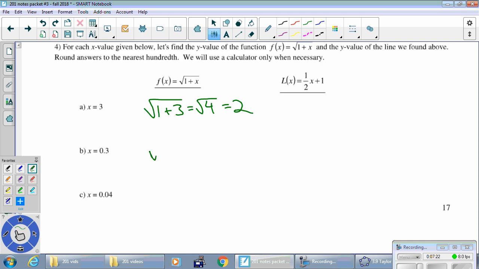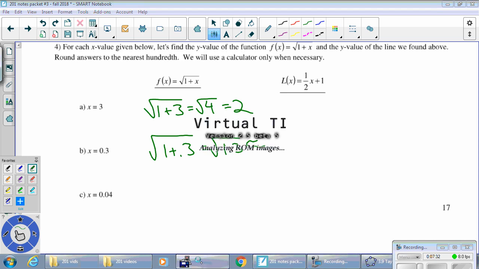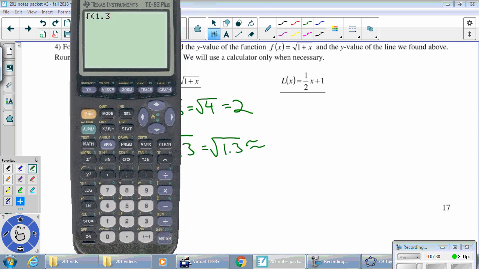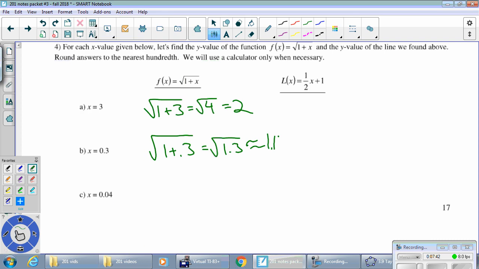But on the next one, I do think we're going to have to use a calculator. So this is now 1 plus 0.3. So that's the square root of 1.3, which we'll use the calculator, and it says nearest hundredth. All right, about 1.14. And then finally at 0.04.